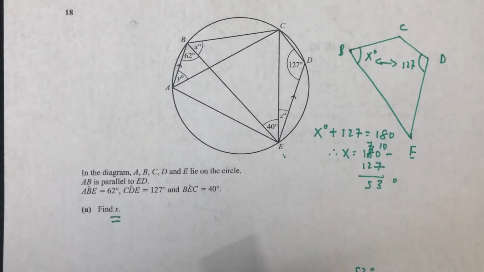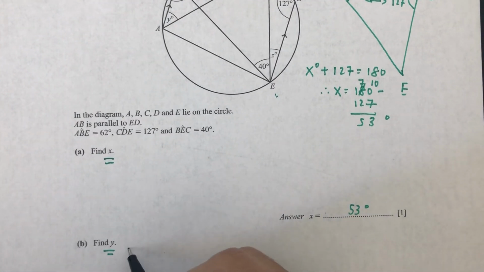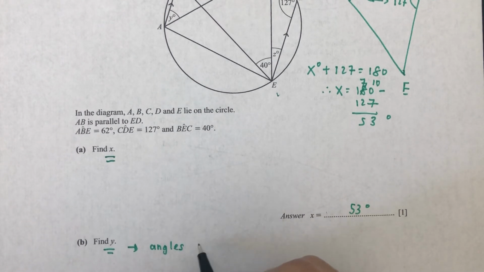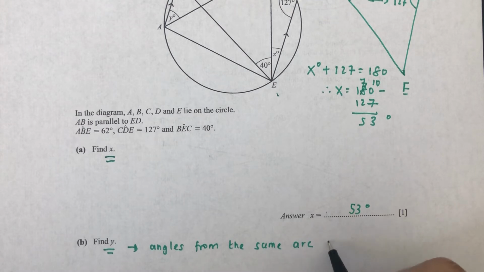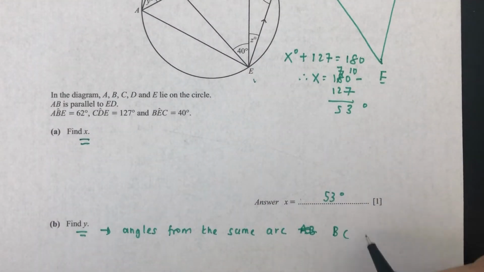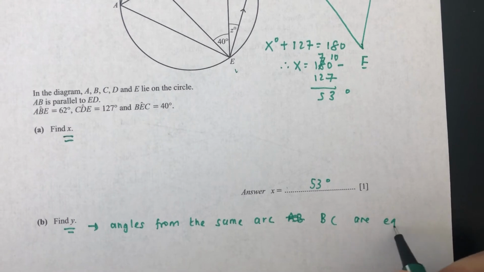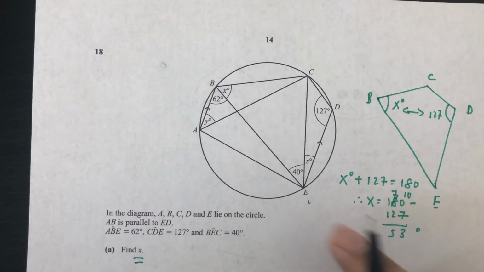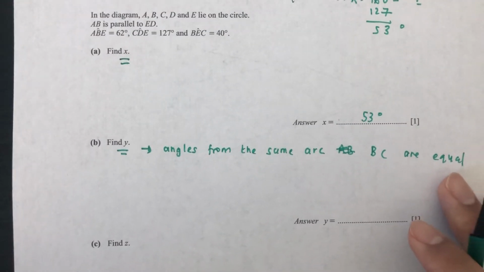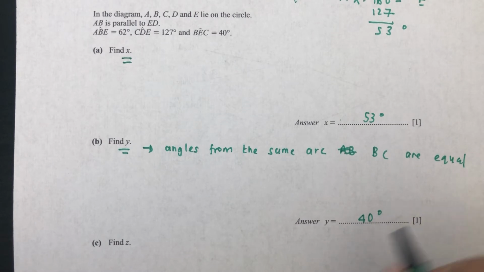So we use the rule: angles from the same arc, this one is BC, are equal. So thus, angle y is equal to angle 40. So y is equal to 40 degrees.